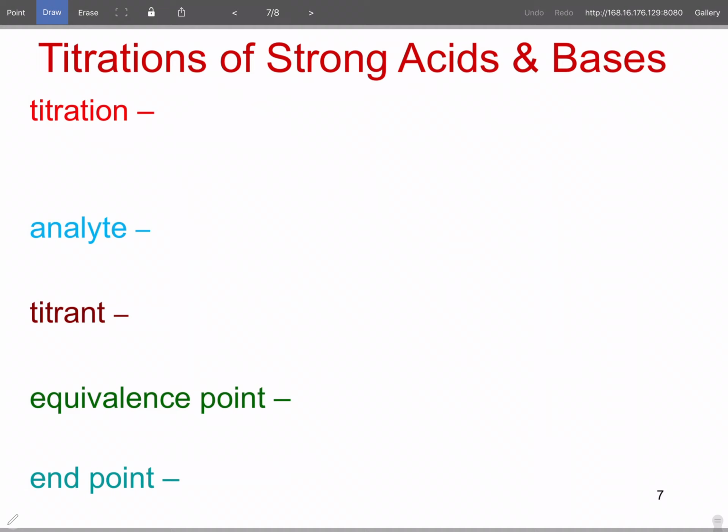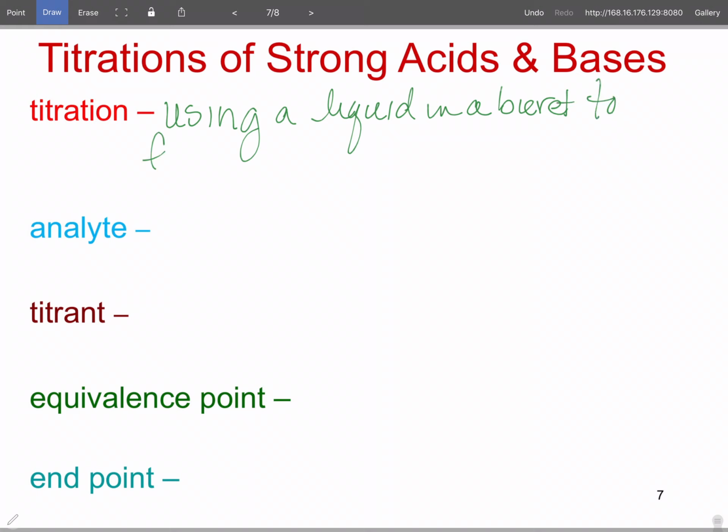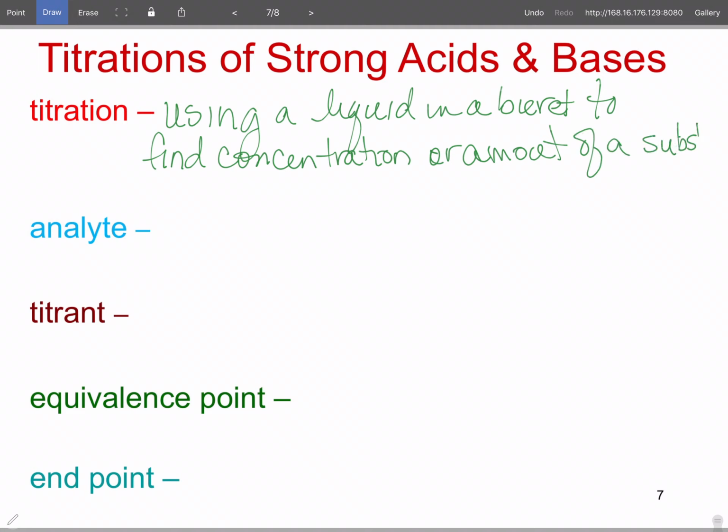Okay, a titration is using a species, a liquid species, in a burette to find the concentration or amount of a substance. And when I say it's a liquid, I should have said it's a solution we add from a burette.